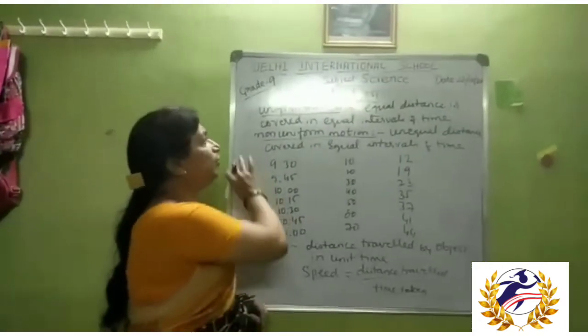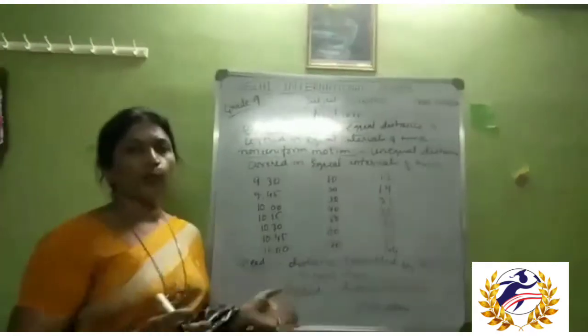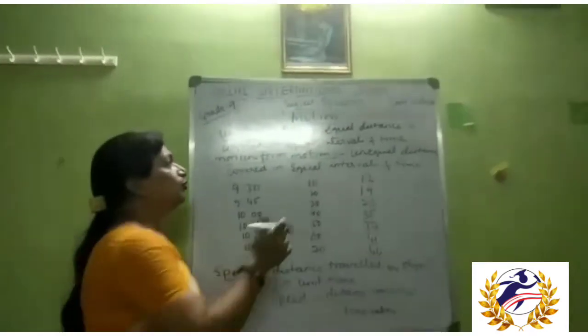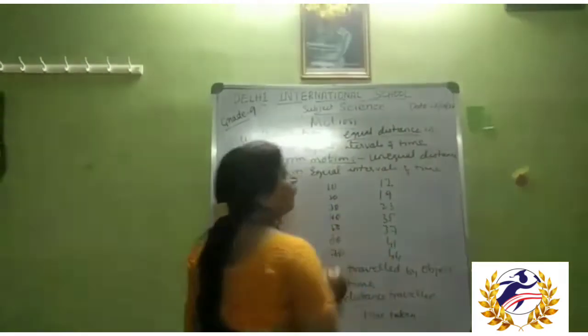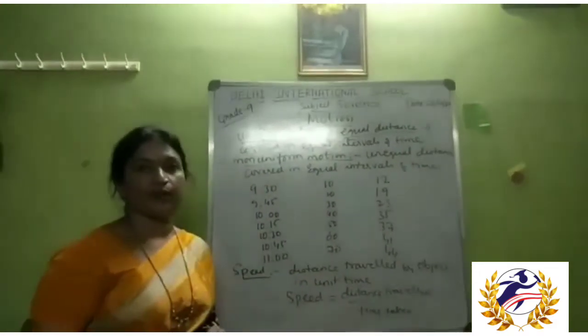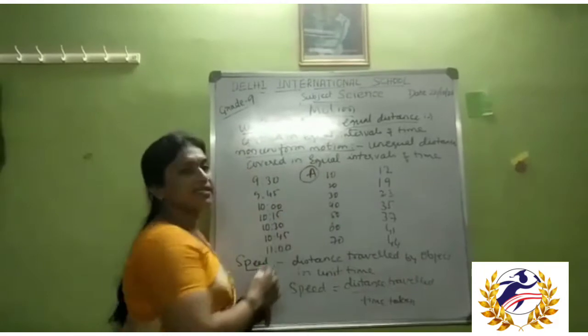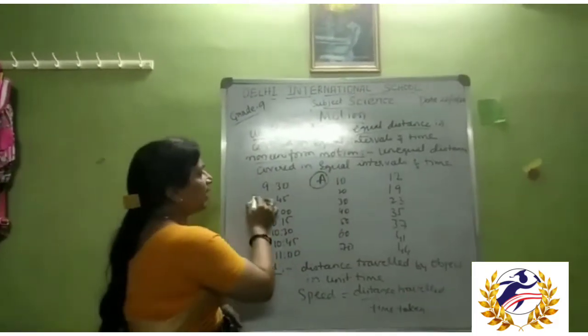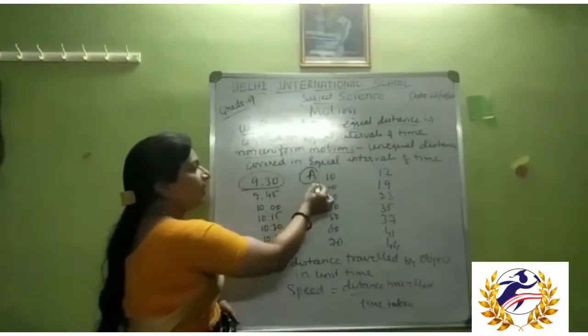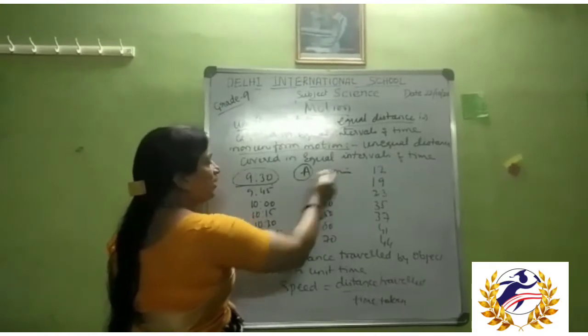What is uniform motion? When an object moves equal distance in equal intervals of time. For example, a car is there, which is named as A. At 9:30 it has traveled 10 kilometers.